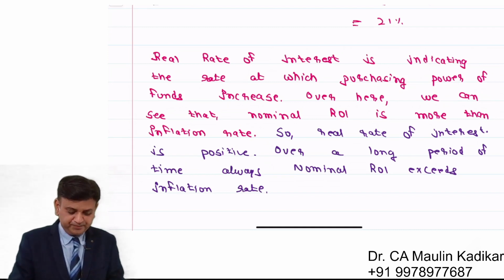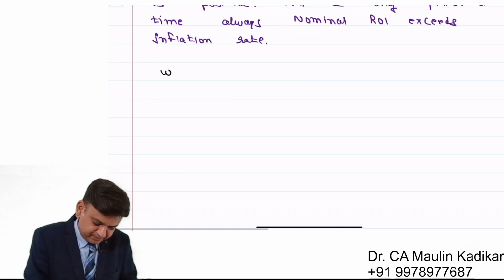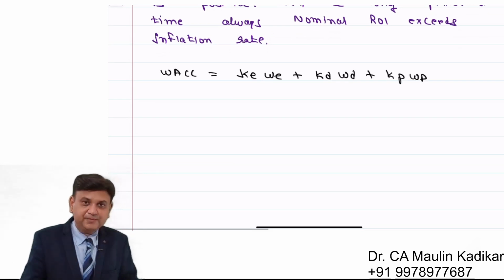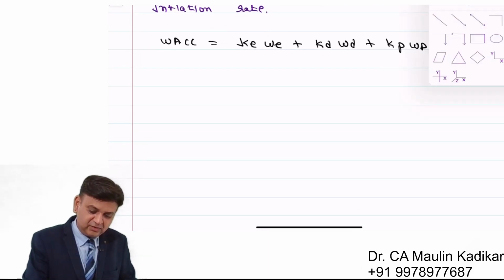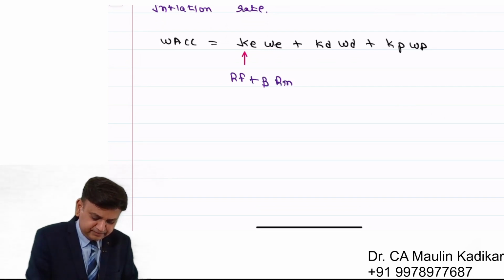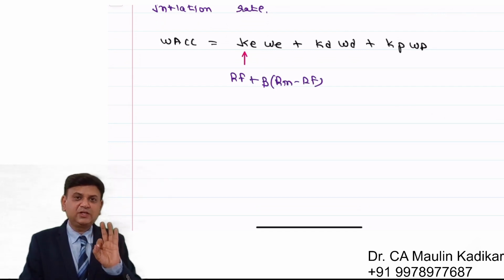When we compute the weighted average cost of capital, it is cost of equity into weight of equity plus cost of debenture into weight of debenture plus cost of preference into weight of preference. Cost of equity is calculated by a number of formulas. One of the formulas I am writing over here is CAPM: RF plus beta into RM minus RF. We understand that the risk-free rate of return has to be more than the inflation rate.